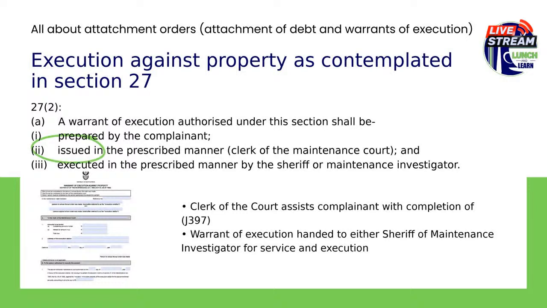If we go on further, it says that it should be issued by the clerk of the court, the clerk of the maintenance court, in the prescribed manner. That is basically just the same form, the J397. There's a certain portion that the maintenance officer needs to complete, and then the whole document is handed over to either the sheriff of the court or the maintenance investigator for service and further execution.